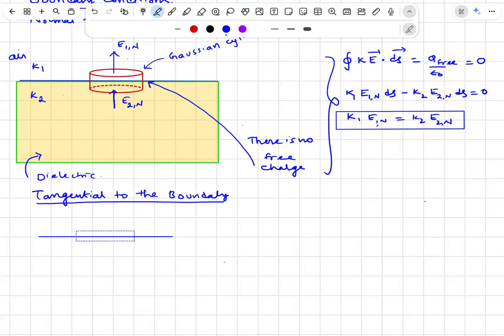Now in this, E1 tangential, E2 tangential.